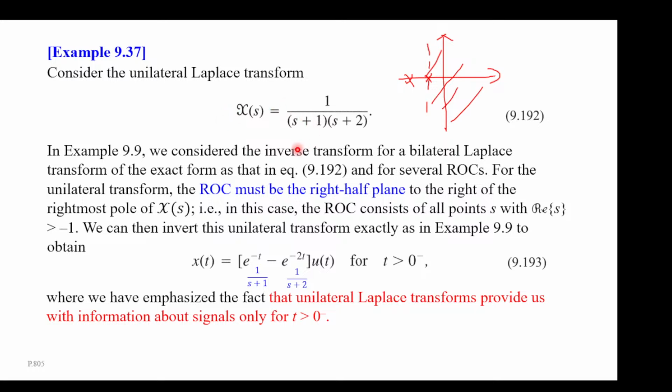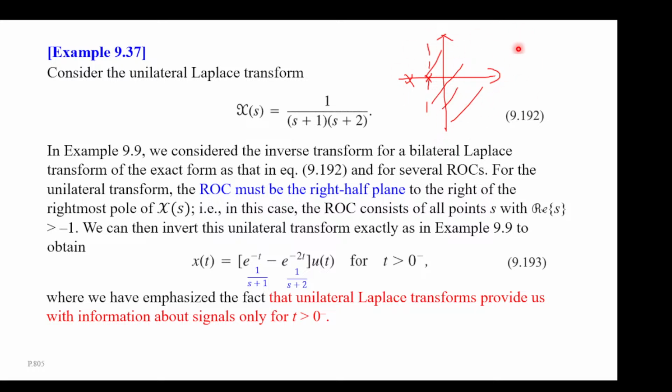One thing we see here is that we didn't specify the ROC of this thing. For the bilateral Laplace transform, this has a pole at s equal to -2 and a pole at s equal to -1, and we know it has 3 possible ROCs. But for the unilateral Laplace transform, we don't need to specify the ROC because we know the ROC is always a right-hand plane.